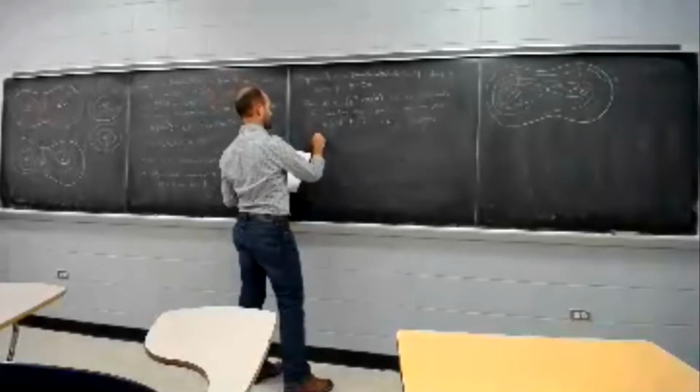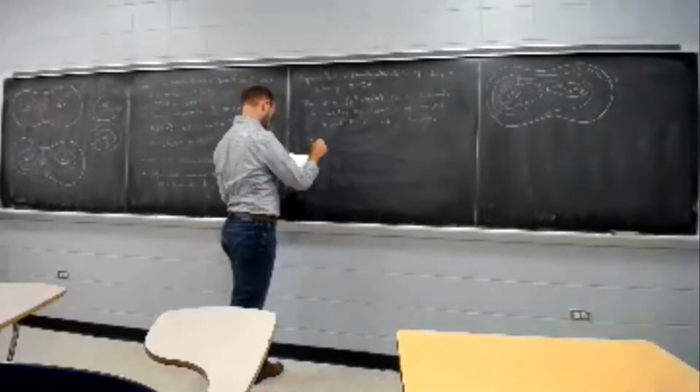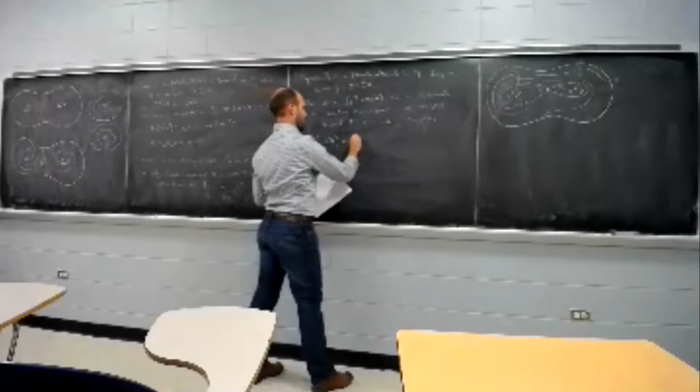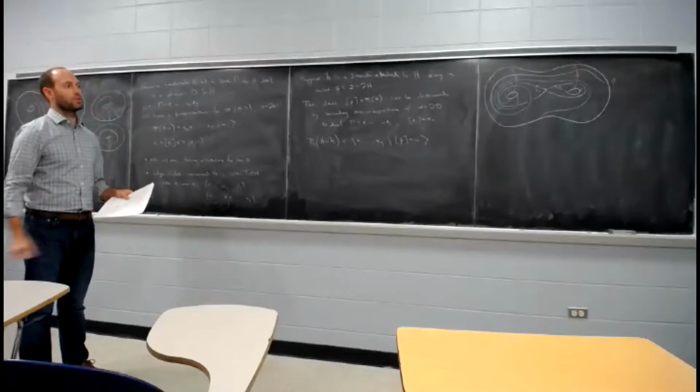So what we see is that pi 1 of H union H is going to be a disk along that homotopic class.